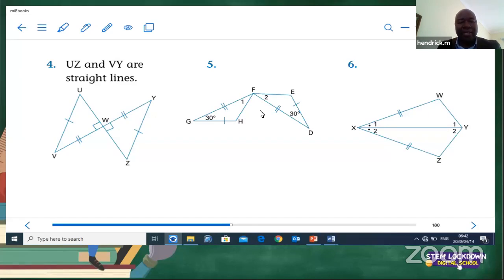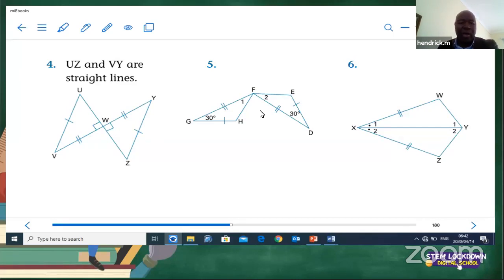To wrap up once again, congruency. Two triangles are congruent if and only if they have the same shape and the same size. So you need to be able to prove or use any given information that you have, whether it's corresponding sides or corresponding angles.